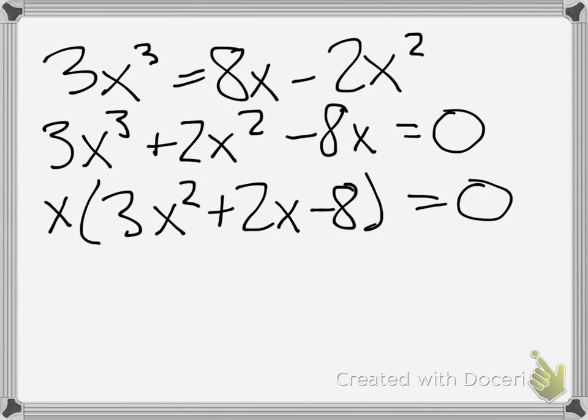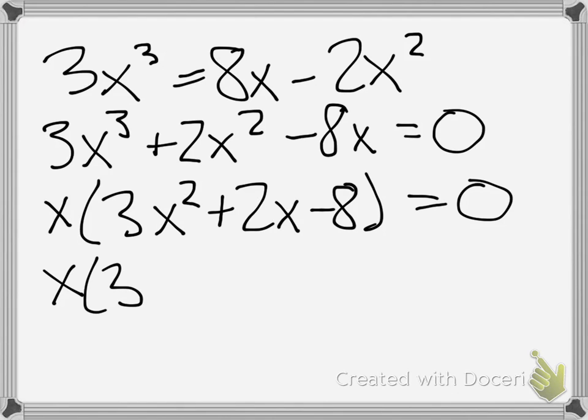Well, 6 times 4 is 24, right? Yes, that's true. 6 times 4 is 24. So if I had -4 and +6, that would work, right?